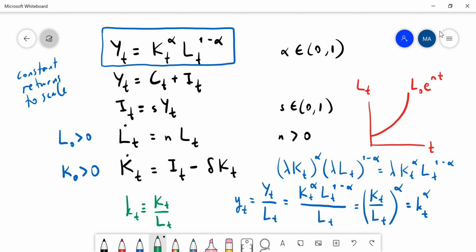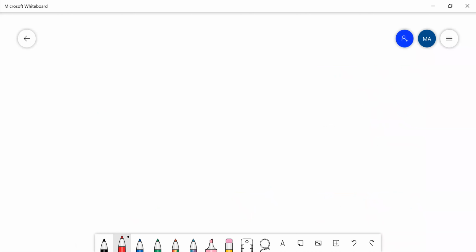All right. So to understand the dynamics of GDP per worker, this is basically what I'm interested in, right? I want to understand the dynamics of capital per worker. Okay. So let's do that. So I have k dot t, which will be the time derivative of what?